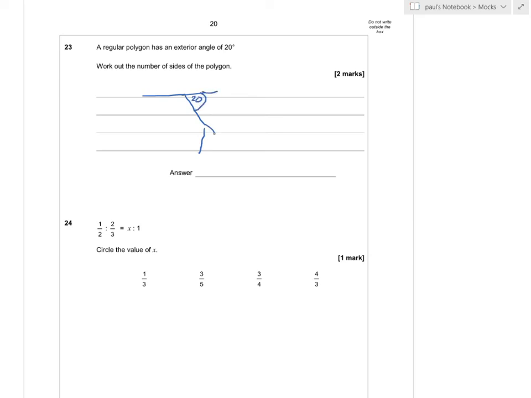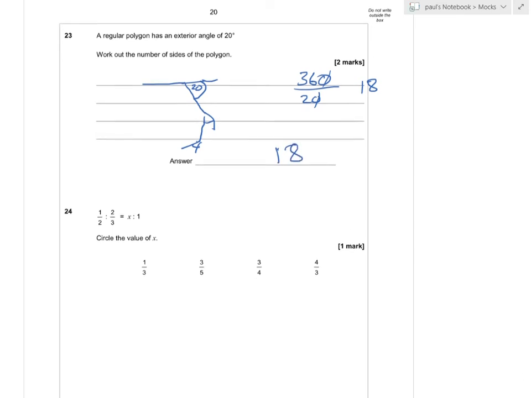Right, so that would be 20, and that would be 20, all the way around. So we know all the way around is 360. If I divide that by 20, I'll find out how many. It's 18. Is it 18 sides for question 23? Let's keep going down. It is indeed 18 sides.